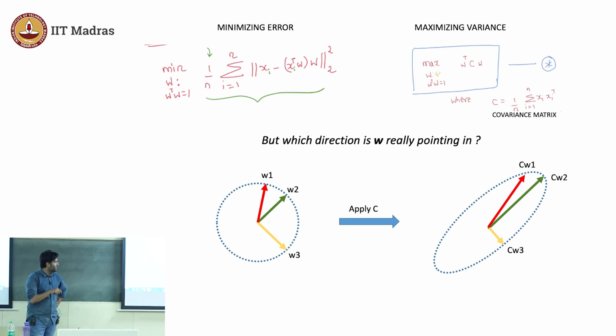Now here is some matrix C. If I apply this C to these vectors on the unit circle, where will they end up? Let's say I take every vector in the circle, apply the matrix C, and see where they end up. Where will they end up?